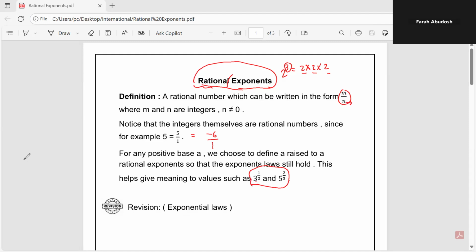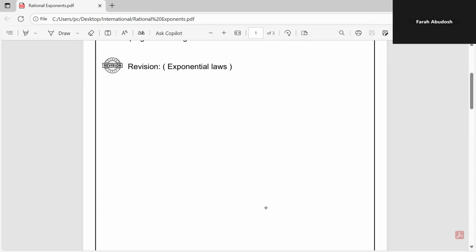Before we begin, let me make a quick revision about exponential laws. If we have two numbers with the same base but different powers, 2 to the power 3 times 2 to the power 2, in multiplication we take the same base, 2, and we add the powers, 3 plus 2, which is 5.